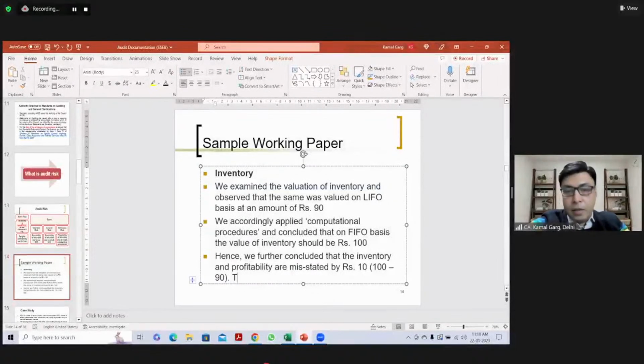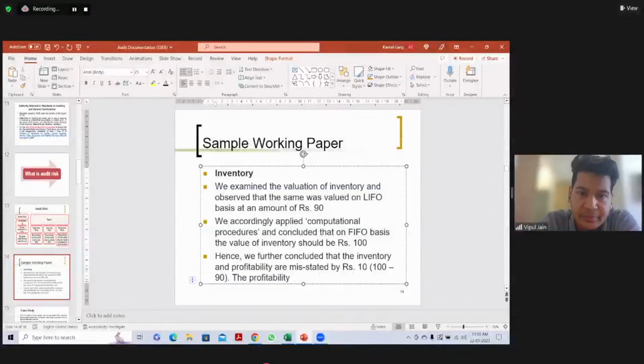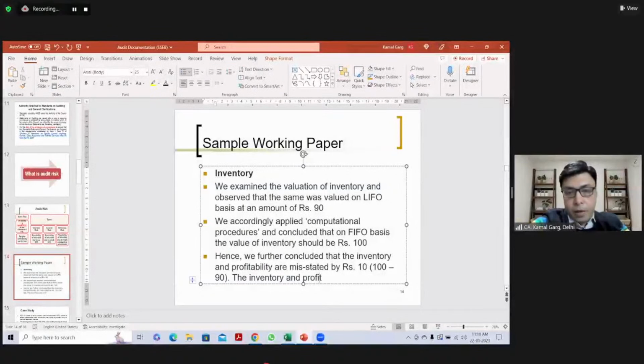So what will I be writing? The profitability. Tell me whether profitability will increase or decrease. Increase. Just a moment. The inventory and profitability respectively are, fill in the blanks, by rupees 10 for financial year 22-23.